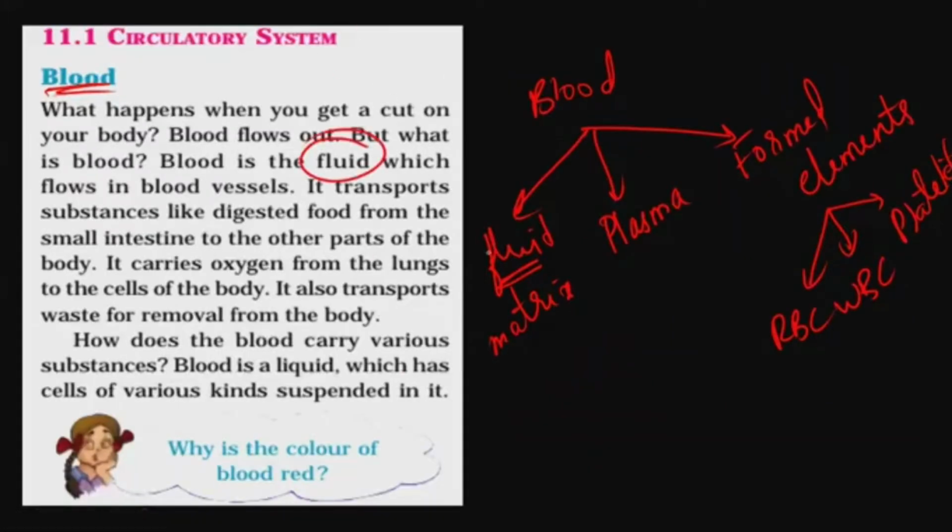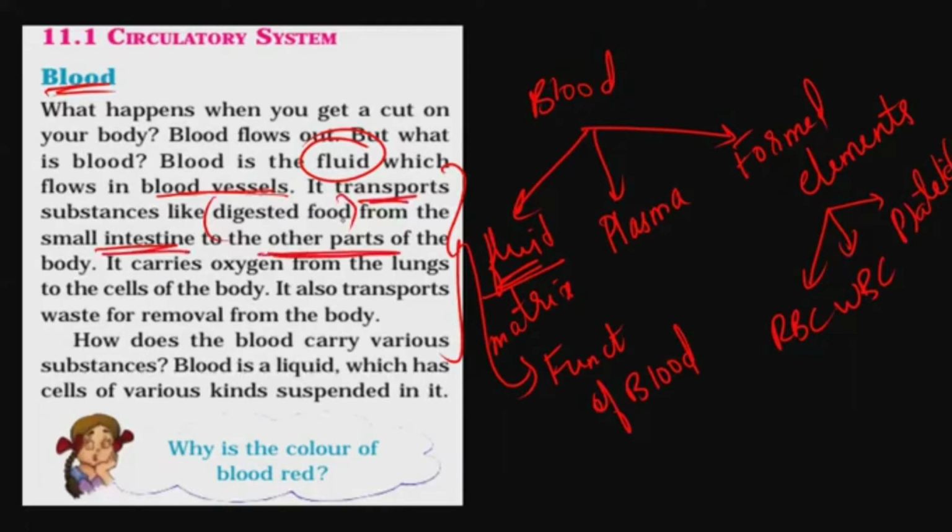So blood is a fluid. As I told you, blood is a fluid that flows in the form of blood vessels. So this is important. The functions of blood are something you have to keep in mind as it can be asked. It transports substances like digested food from the small intestine to the other parts of the body.